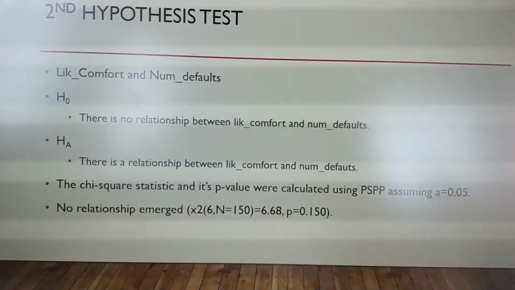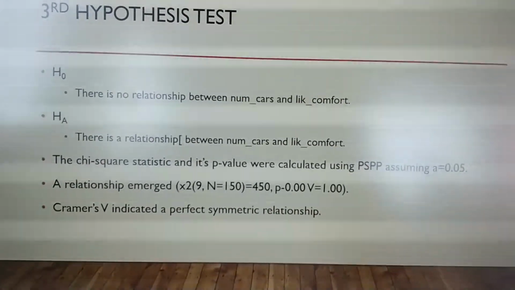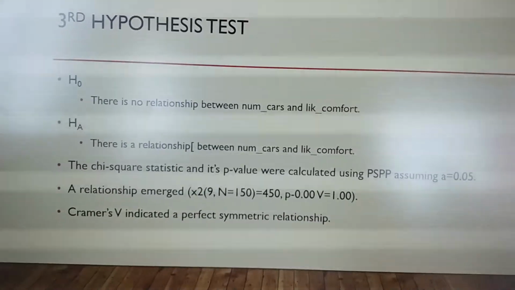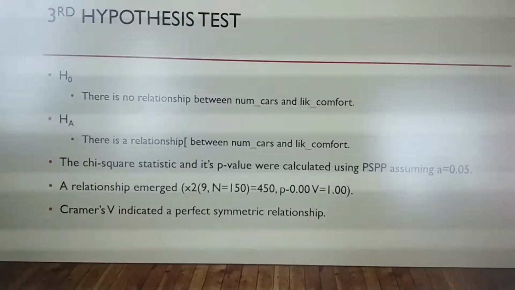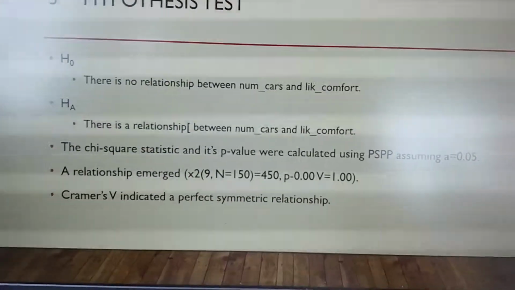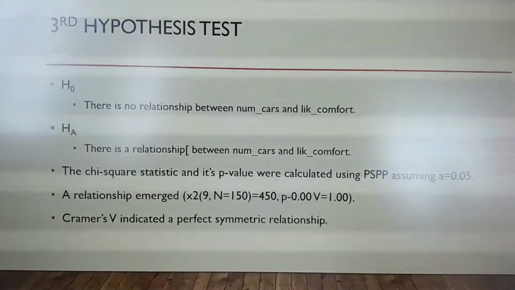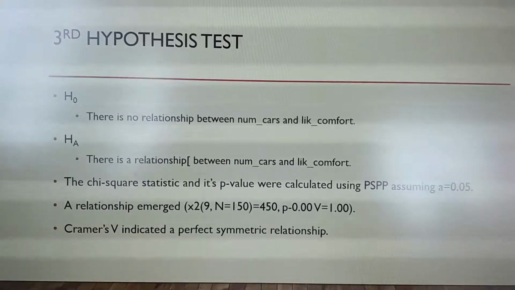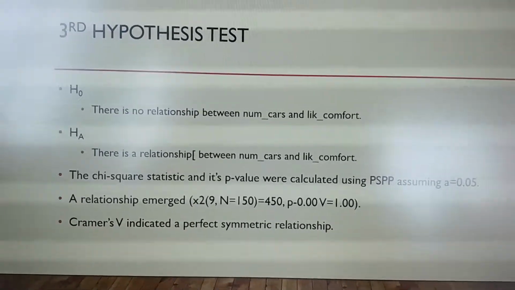0.150. For test 3, just like the last two tests, with H0, there's no relationship between the two. With HA, there's a relationship between the two. And the same as the other ones, the p-value is calculated using PSPP, which assumes alpha equals 0.05.